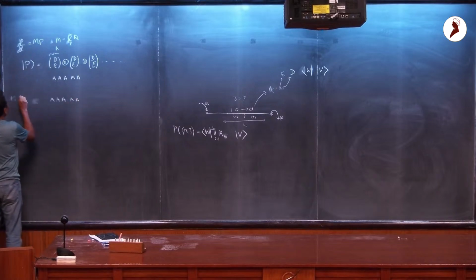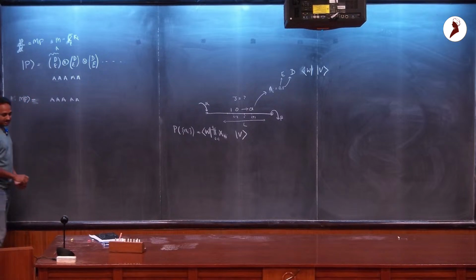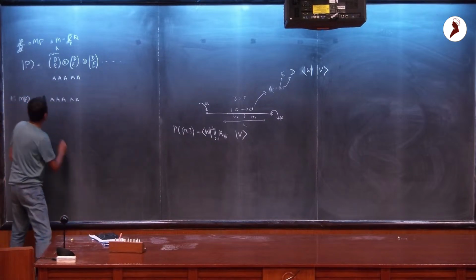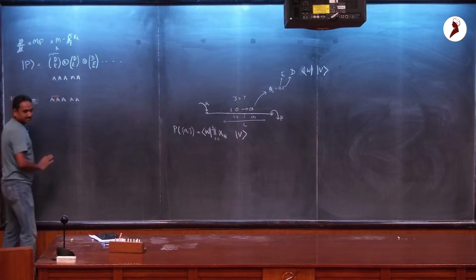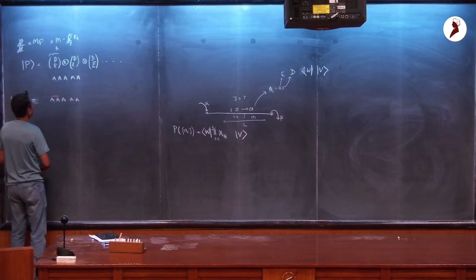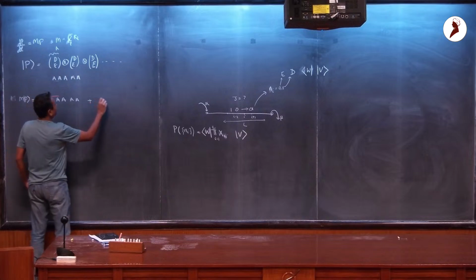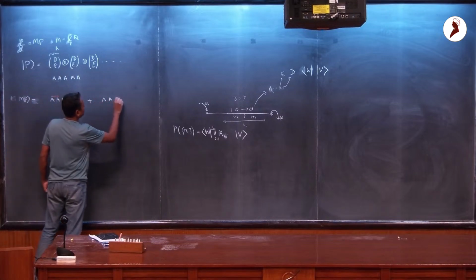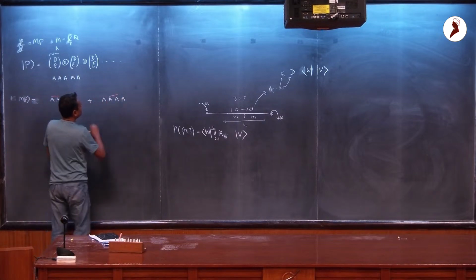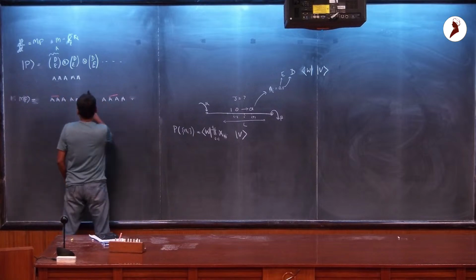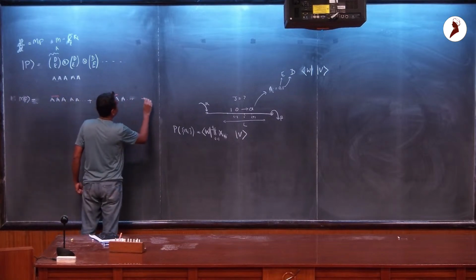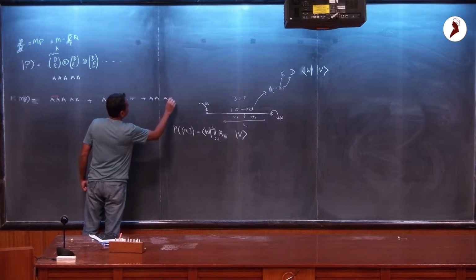So M times P equal to, symbolically, it will be like operating on these two, let us say two sides, plus operating on A, operating on these two. There are many A's, I'm not writing all of them, plus A, like that, operating on these two.